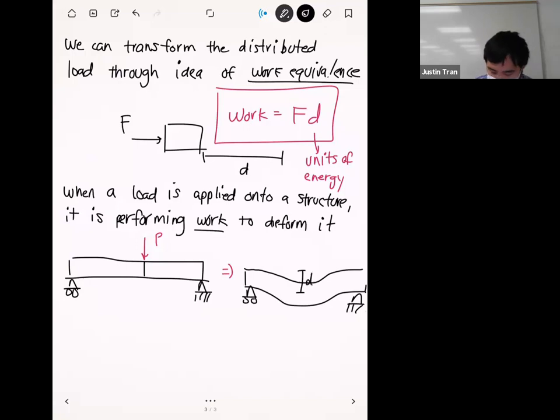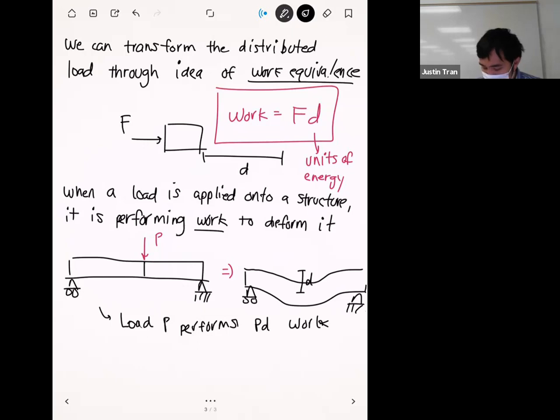If our beam here deforms by an amount d, then what we're saying essentially is that our load P here is performing work on this beam. And the amount of work that it performs is the product of the force load multiplied by the deformation.